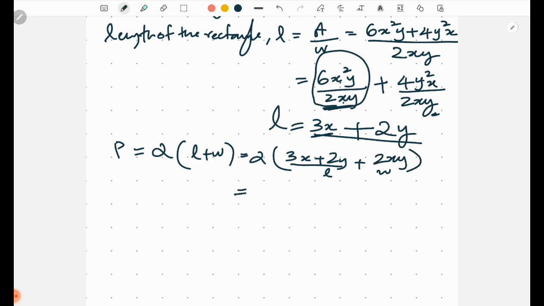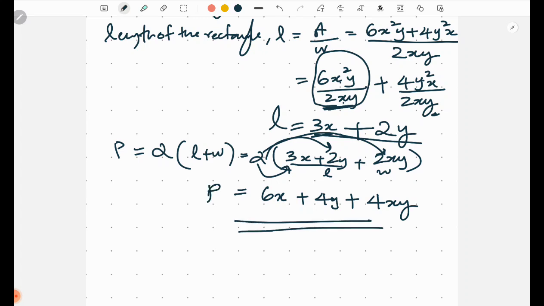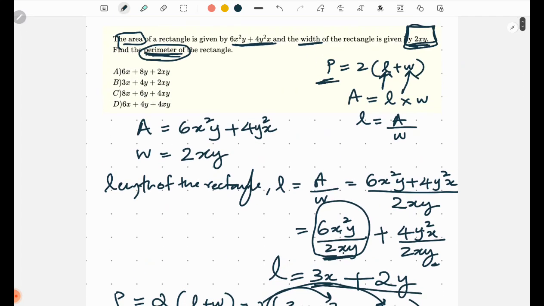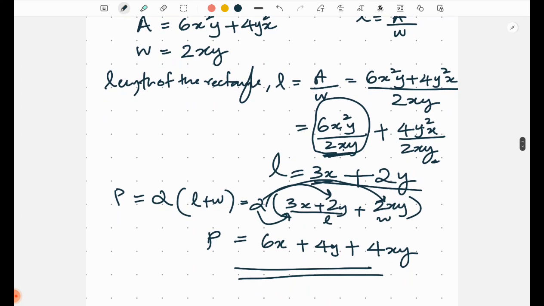Just open up the brackets: 2 into 3 is 6x, plus 2 into 2 is 4y, plus 2 into 2xy is 4xy. That is the perimeter of the rectangle: 6x + 4y + 4xy.